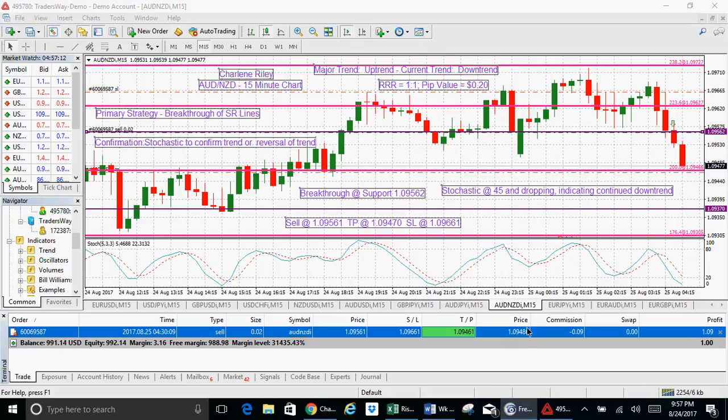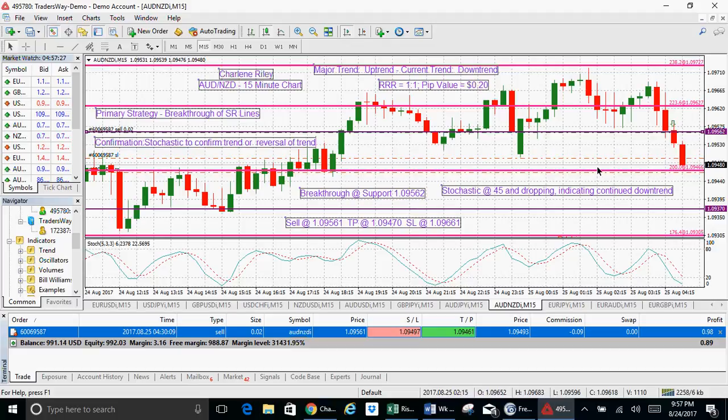So I'm checking back on my Australian dollar, New Zealand dollar trade, and that is close to take profit. So I am actually going to move my stop loss up to protect the pips that I've already gained.